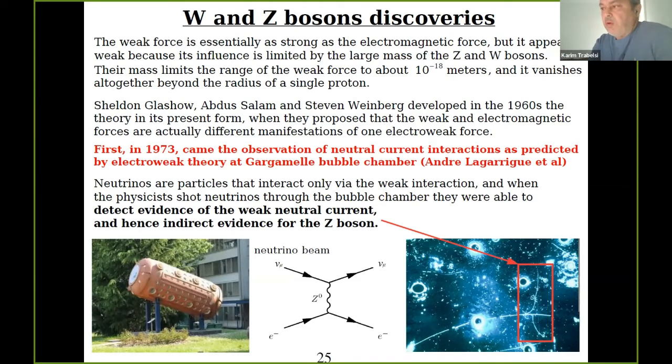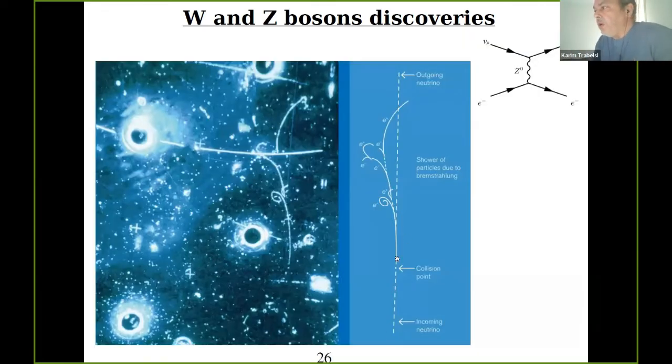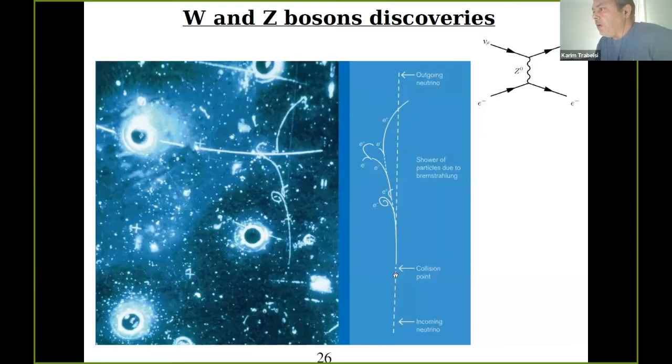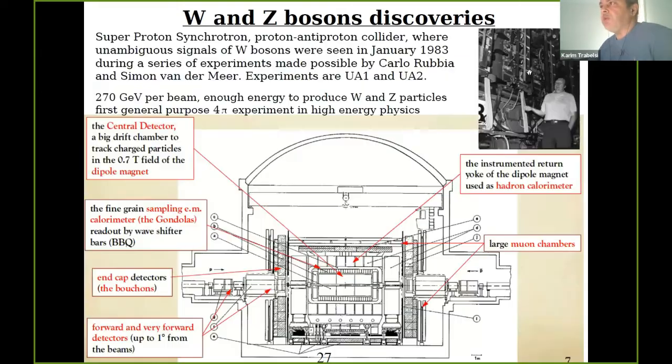This is another example, where here you have a neutrino beam in this Gargamelle bubble chamber, and you see in fact a very clear signal of the appearance of an electron, which would indirectly show that you have seen what you expect to be a Z0 boson.